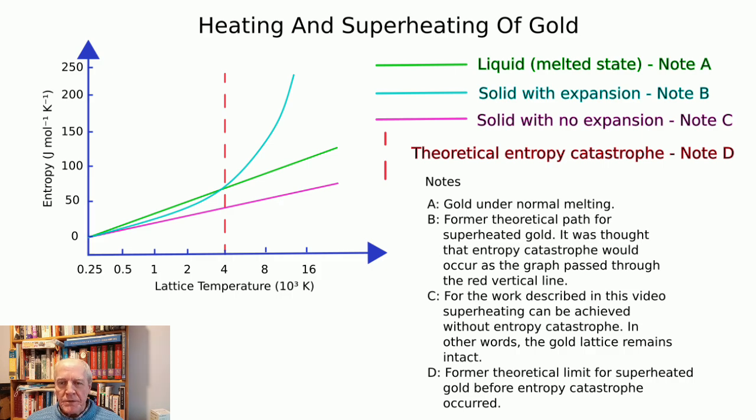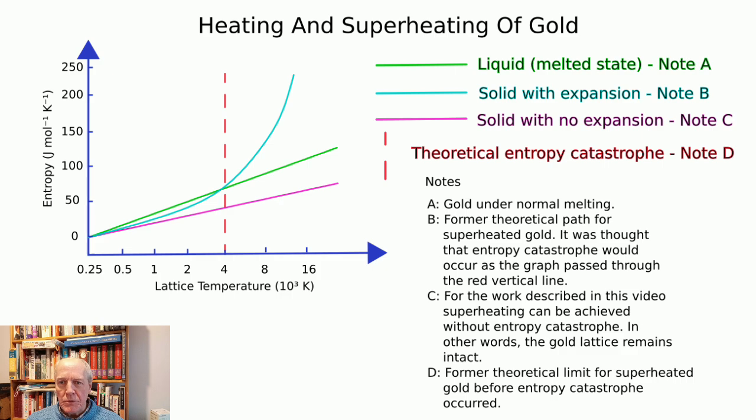The people who worked on this earlier form of superheating called this point entropy catastrophe. Now, these are emotive words, but given what they expected to happen after this point, they are perhaps justified.